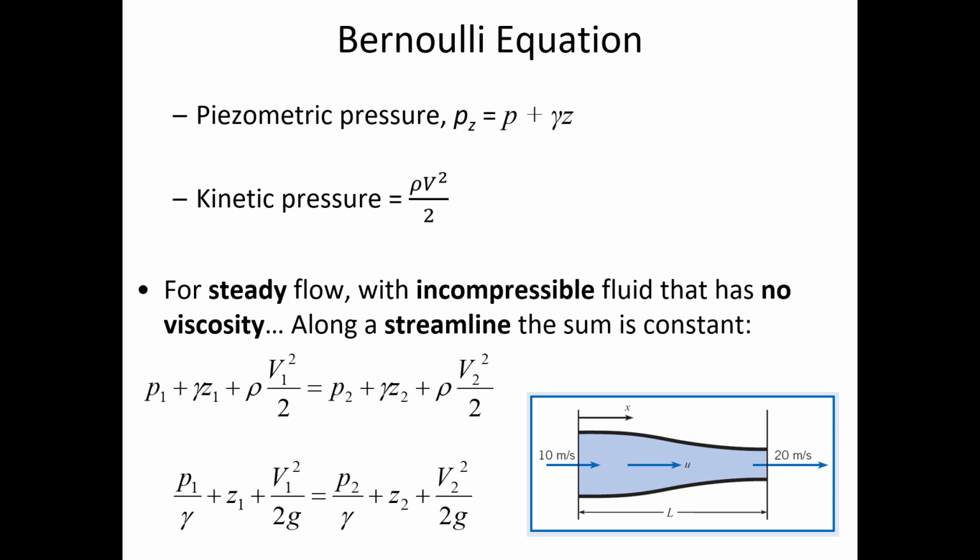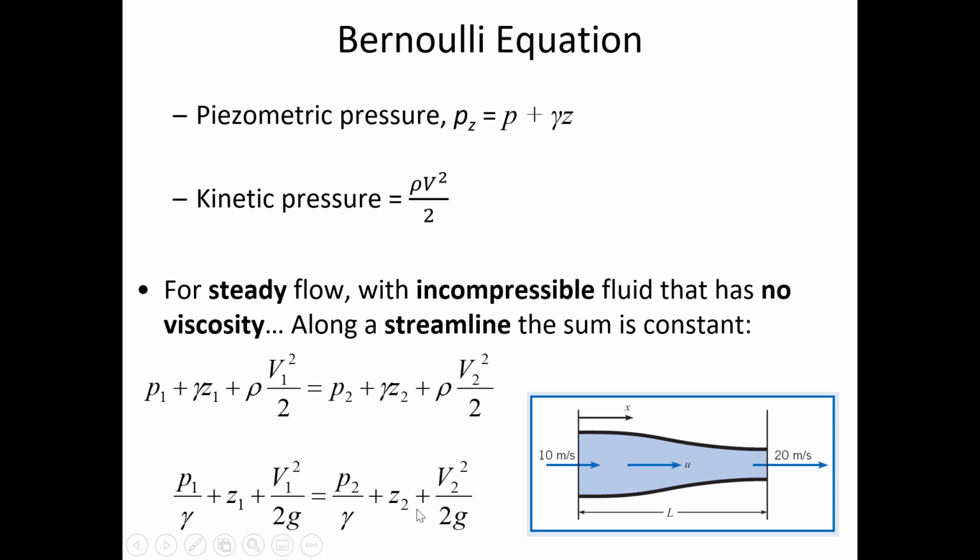So the liquid level was lower down here because in order to have higher velocity, what this is saying is that if location 1 is here where it's 10 meters per second, and location 2 is where it's 20 meters per second, and you can see it's horizontally oriented, so Z1 equals Z2.